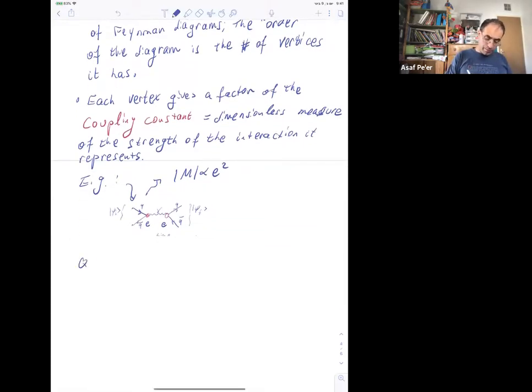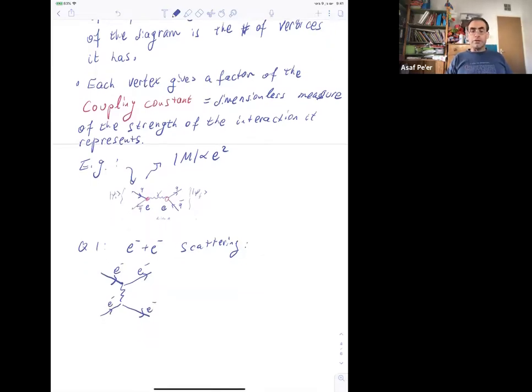Question number one. Consider the two diagrams for the scattering of e minus plus e minus. So we have two diagrams. One would be e minus coming, e minus going, exchanging a photon. And this is, of course, an electromagnetic scattering representing scattering between two electrons.